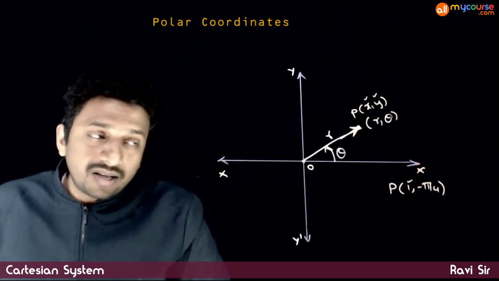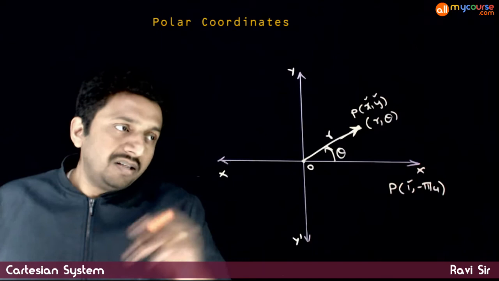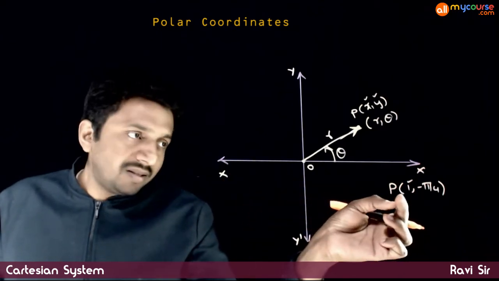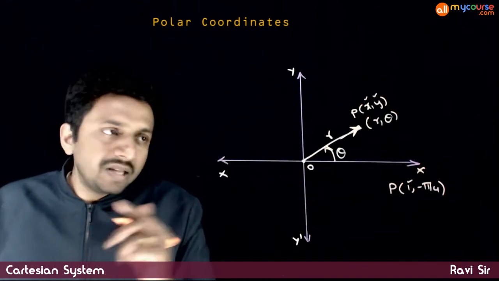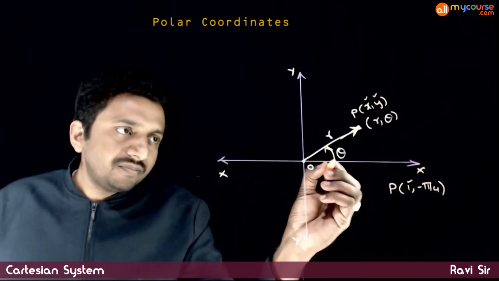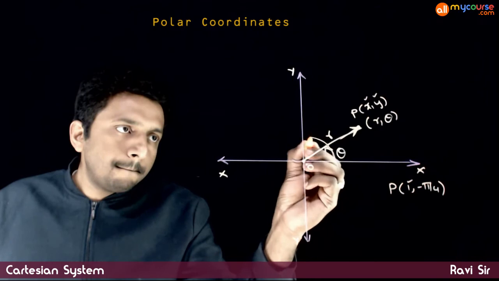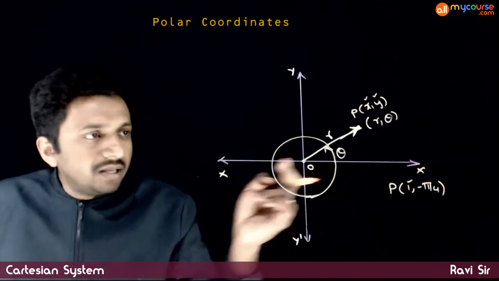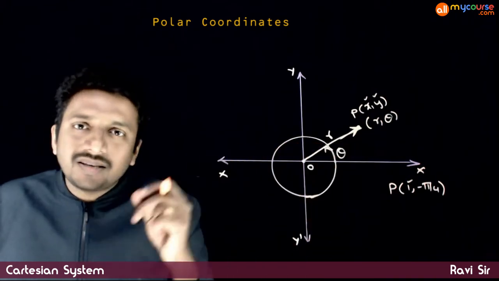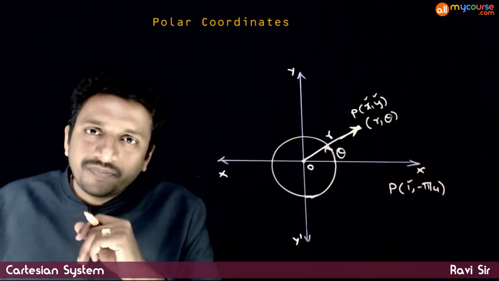To get this point, first you draw a circle with radius equal to 1 about origin. That means every point on this circle is at a distance of 1 unit from origin.